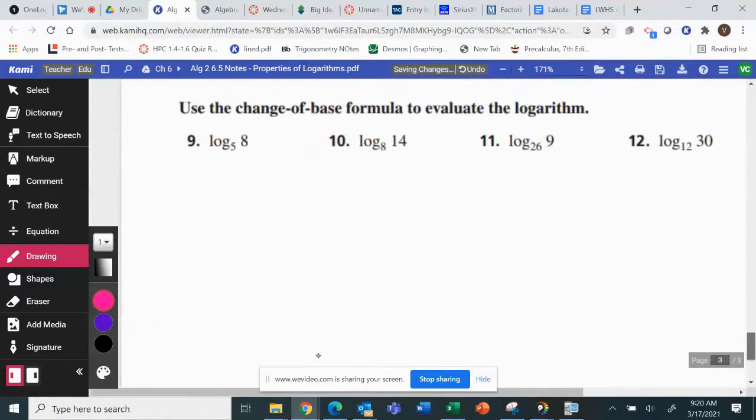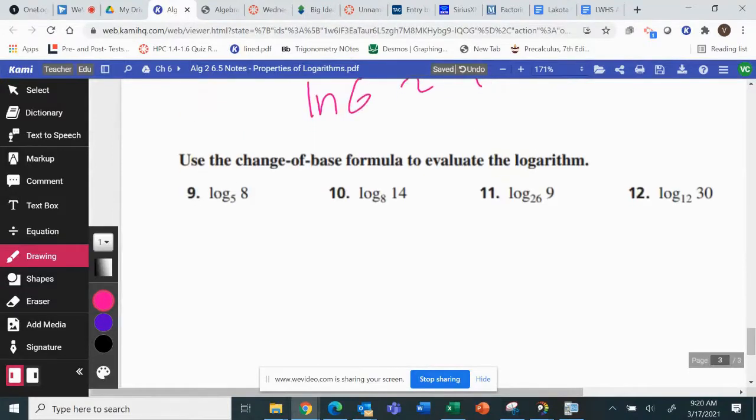And then the rest of it is just use the change of base. So you don't have to type it in. I just want you to quickly write down how you would type it in for each of these. You can either use log or you can use ln, your choice.